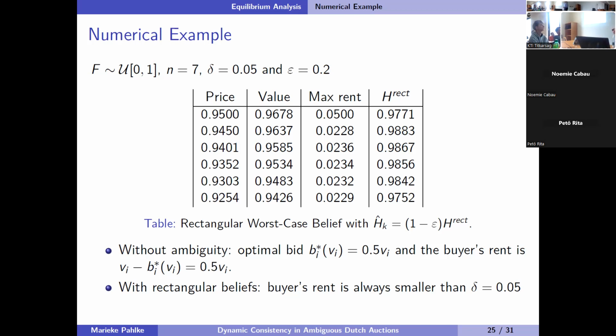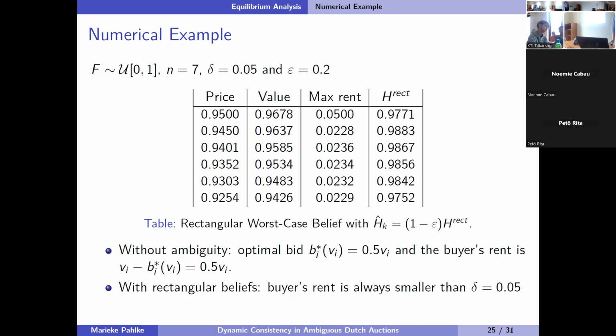Then the worst-case probability of getting to the next round is still very high here. I still have a uniform distribution at F, so I still have positive support on all types below this value. But I'm putting a slightly higher weight on the type who would accept this. So my worst case is this.